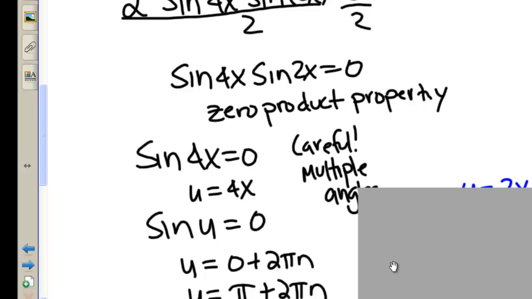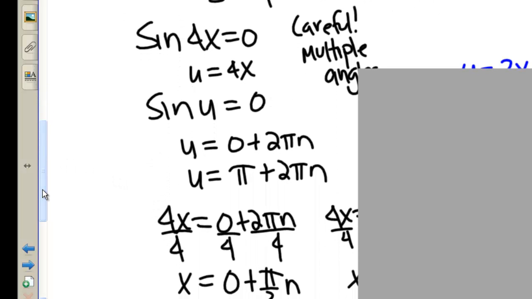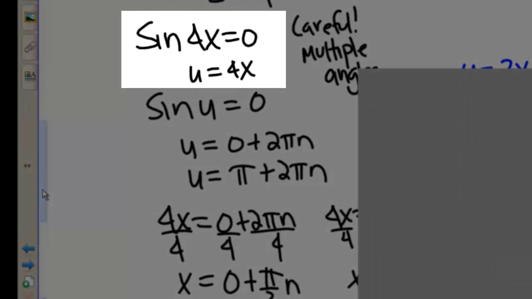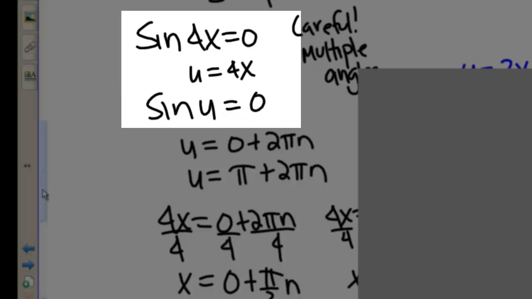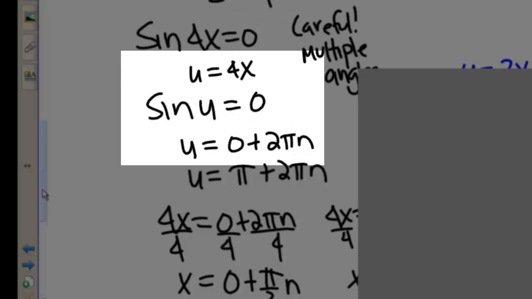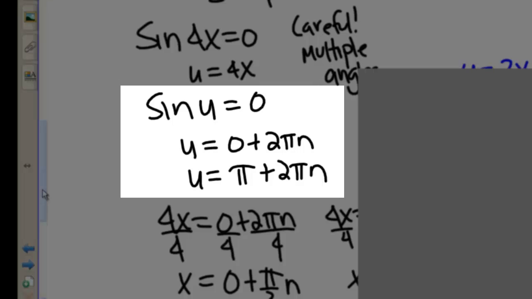All right, so here's what's going on. We have multiple angles. So when I need to solve sine of 4x equals 0, I can use u substitution where u is equal to 4x. So the sine of u is equal to 0, and y coordinates are 0 at 0 and pi. But I still need to do the general case, because when you do the sine of 4x, you're really taking 4 sine curves and putting them in the space of one sine curve.